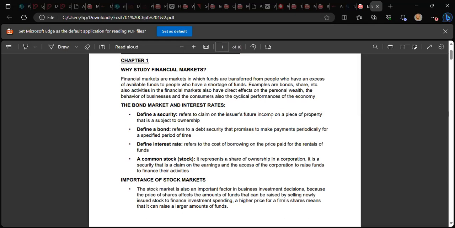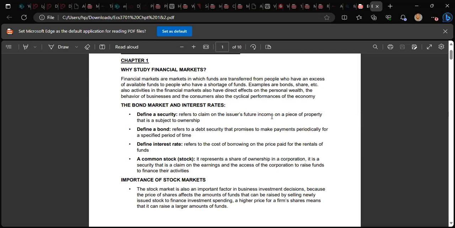Because if you're dealing with a bond, we expect that there are going to be interest payments on that bond. It's a debt. It's like when you go to the bank and you get a loan, there's an interest attached to that. And then at the end of the day, you need to repay the capital amount, which is the amount that you initially borrowed from the bank, as it were, right?